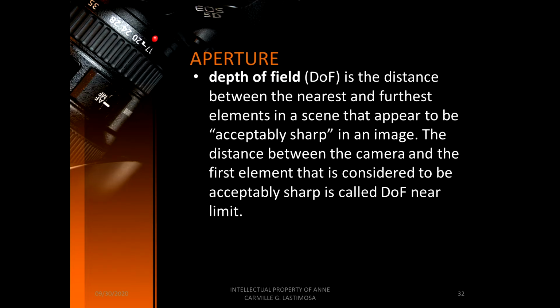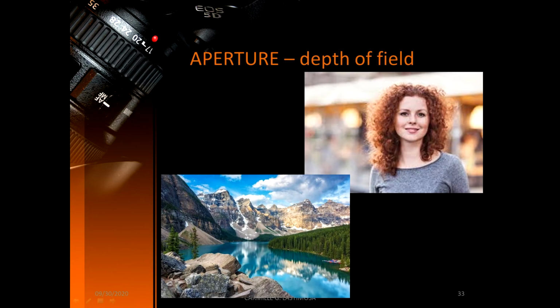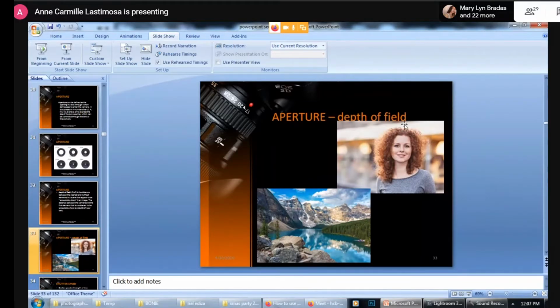But if you want a sharp image all throughout, then you need to increase your aperture number, so you can use f8.0 or f16. It will result in something like this, sharp all throughout. If you go with f1.4 or f1.8, a low aperture number, it will result in something like this.